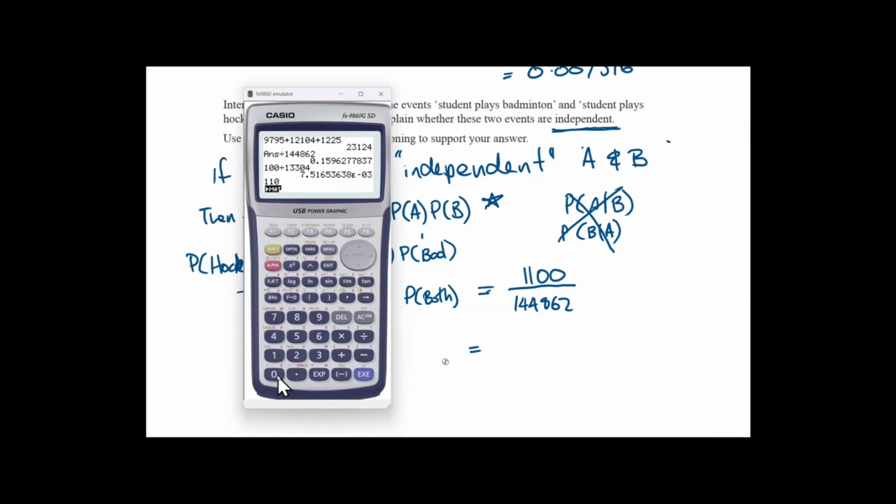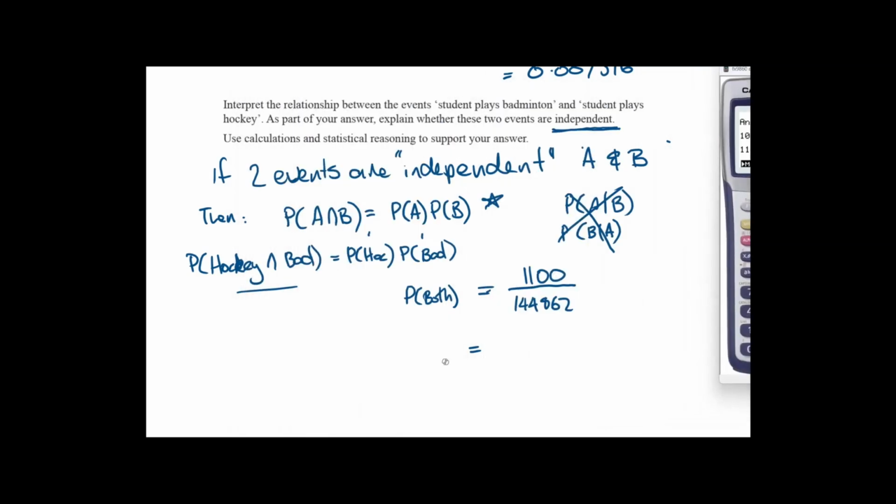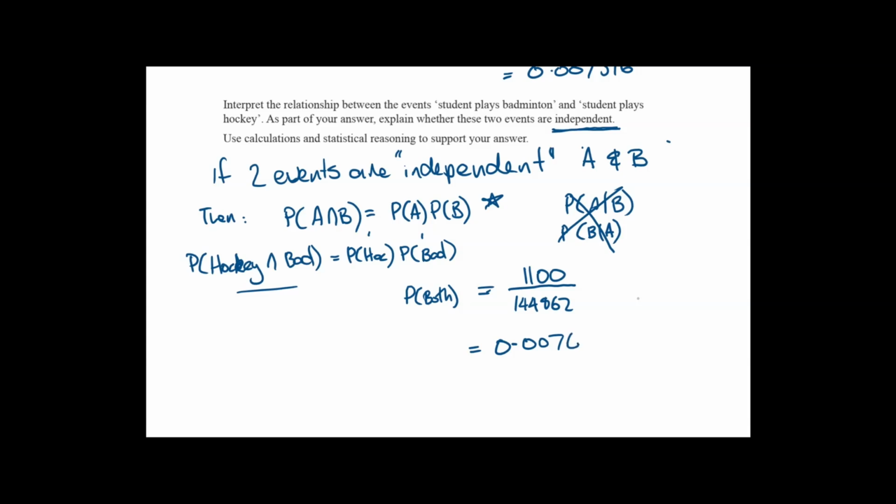So 1100 divided by 144,862. Let's convert that into 0.0076, to four decimal places.